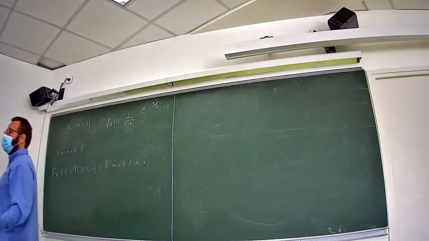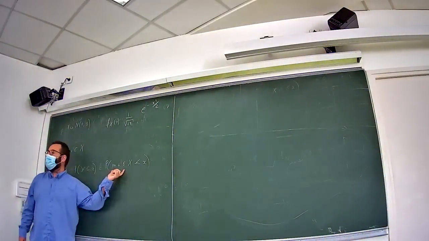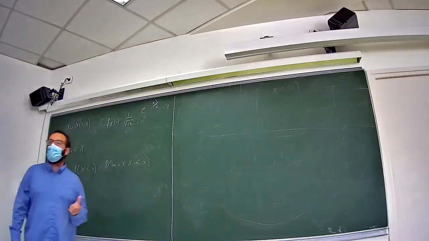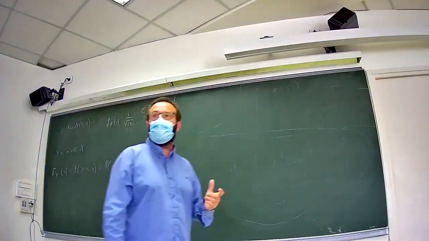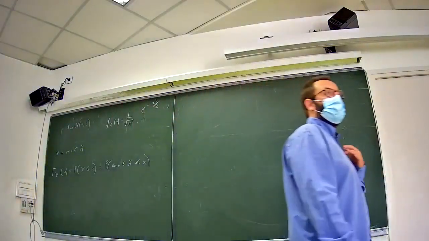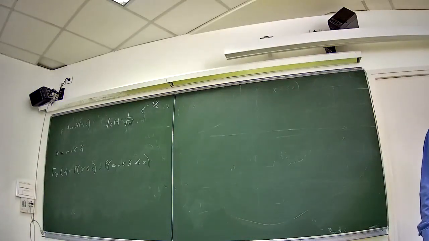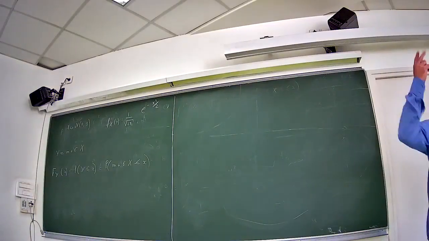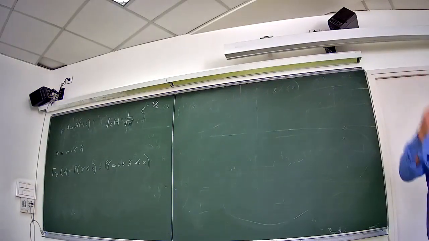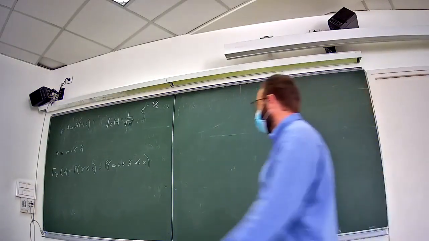So a priori, we have to take into account two cases: the case where sigma is strictly positive, and the case where sigma is strictly negative. I will do the job for sigma strictly positive, and at home, to see if you have understood, you will do the job for sigma strictly negative. The only thing that will change is that we have to change the side of the inequality. Okay? So I do the job.